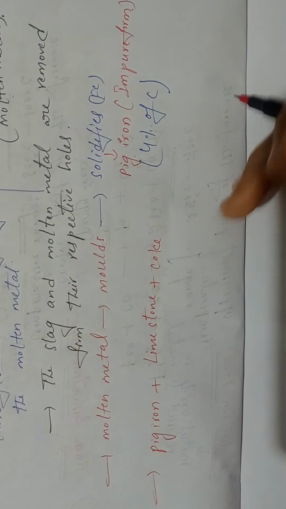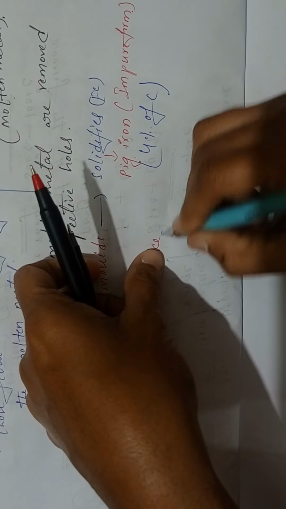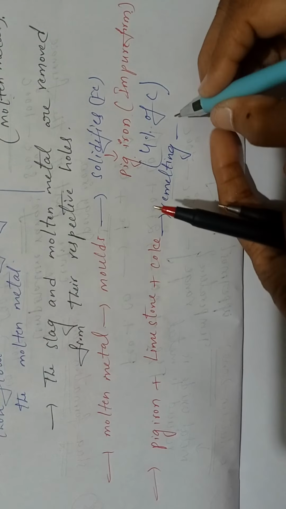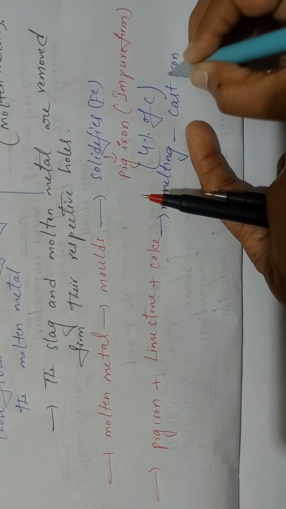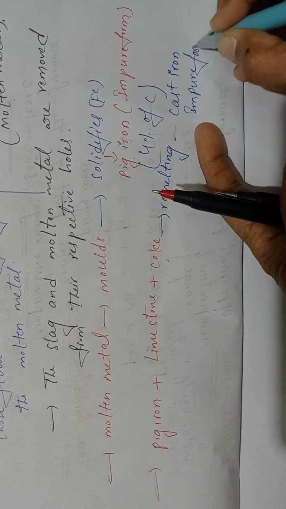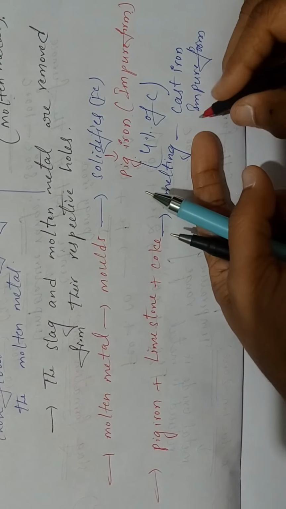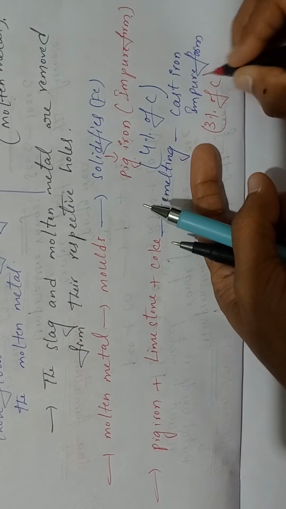This charge, by remelting, what will you get? We get which iron, students? Cast iron you will get. It is also an impure form, students. Here how much percentage will be there? In the cast iron, 3 percent of carbon is present.